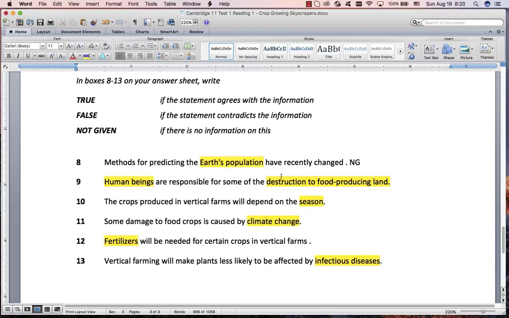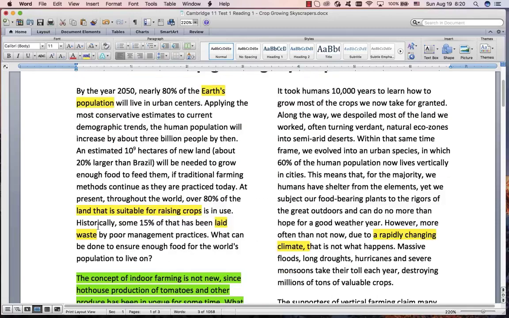Human beings responsible for some of the destruction. I think there's our circle word, some of the destruction. Destruction is laid waste, some 15% by management practices. Yes, this is not animals, this is not climate, it's managers, who are human beings. So this is the human beings, some 15%, yes. Some can mean anything between 0 and 100%.